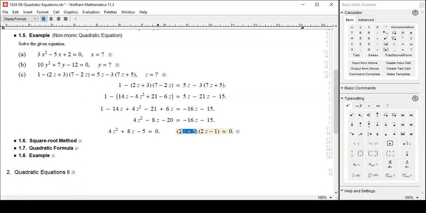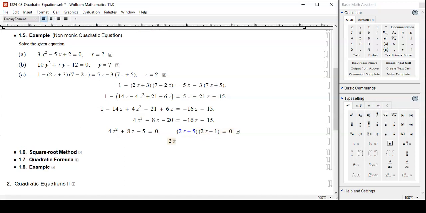So the first factor is equal to 0. 2z plus 5 is equal to 0. Or 2z minus 1 is equal to 0. So either blue is equal to 0 or red is equal to 0. If I color code, blue times red equals 0 right there.